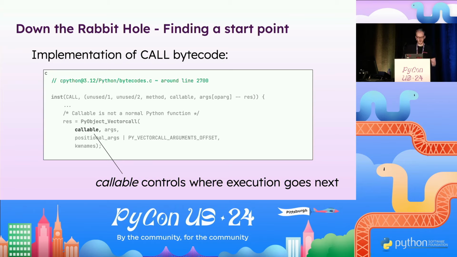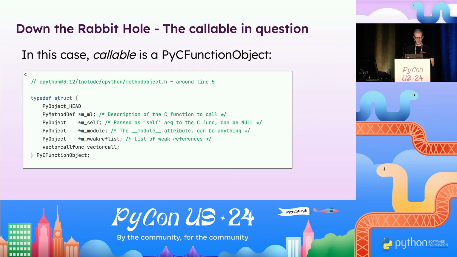Okay, so we've said that callable controls where execution goes next. But what is callable? In this case, I know that callable is a PyCFunction object. What is this? Well, again, the Python standard library has lots of core pieces that are implemented in C. So what we're looking at here is the definition of a PyCFunction object.